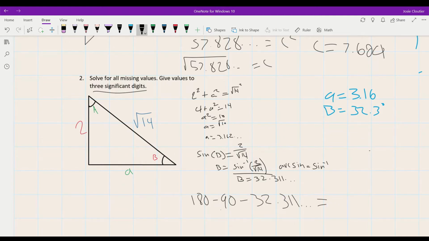And we get 57.688 degrees, and with 3 significant digits, A is equal to 57.7 degrees.